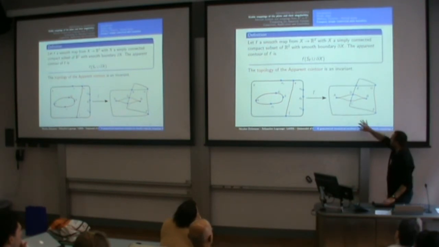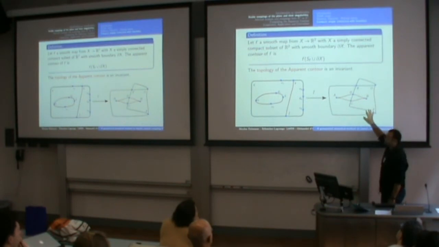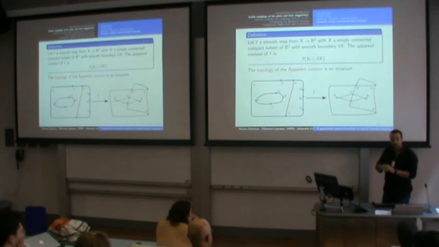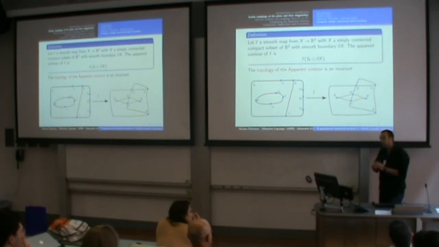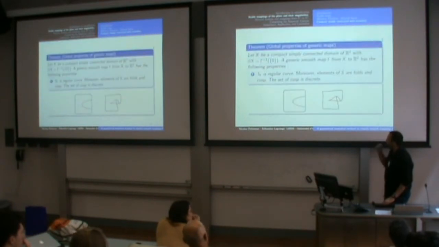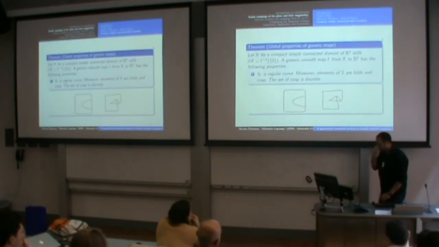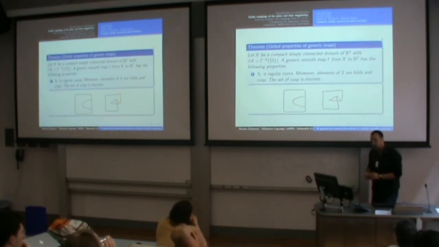So this is what I want to compute. This is an invariant, and this is important because I can test equality or non-equality between two maps just by computing this. So we had to generalize the Whitney theorem to take into account global properties.